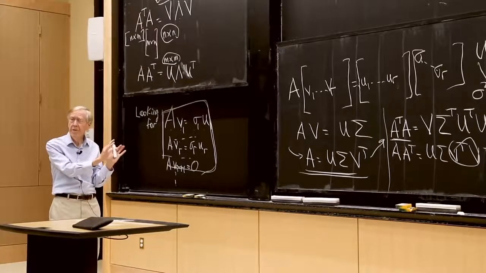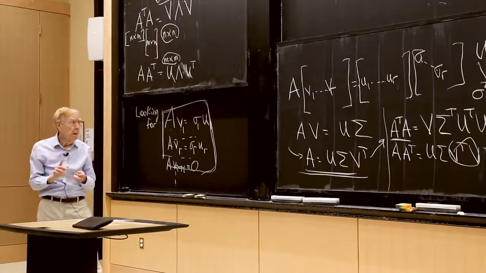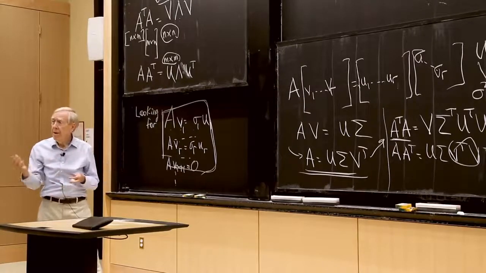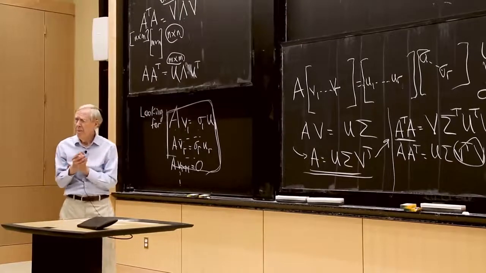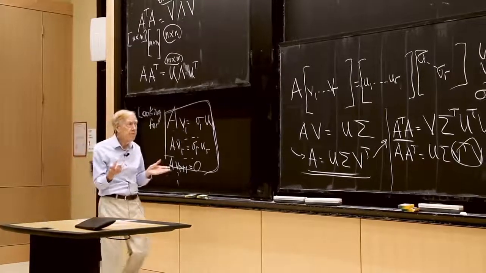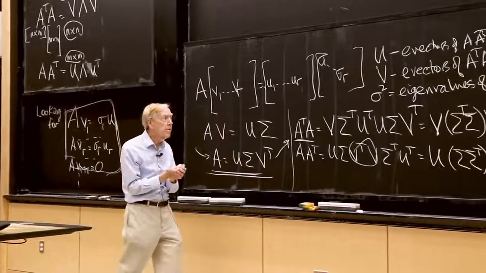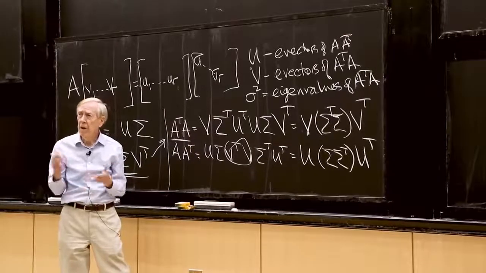It's just perfect as far as it goes, but it hasn't gone to the end yet. Because we could have double eigenvalues and triple eigenvalues and all those horrible possibilities.